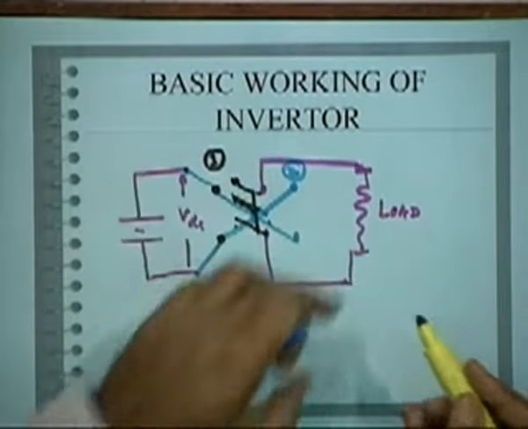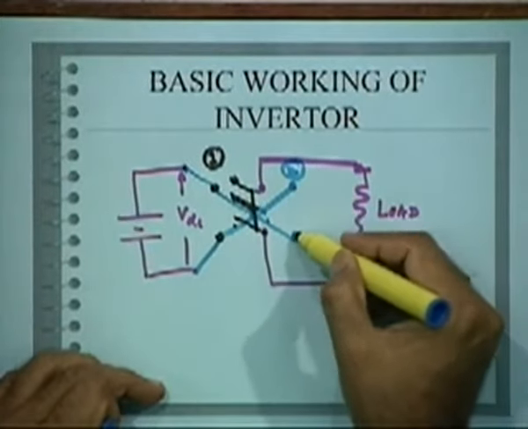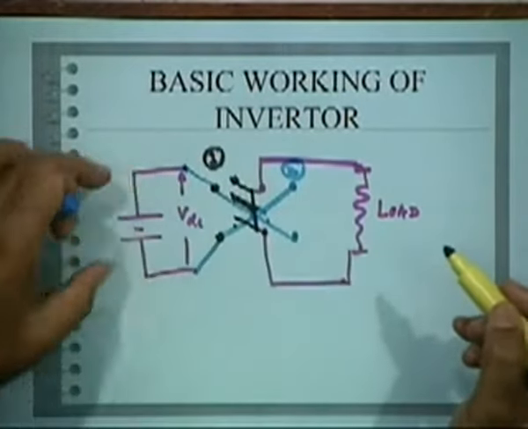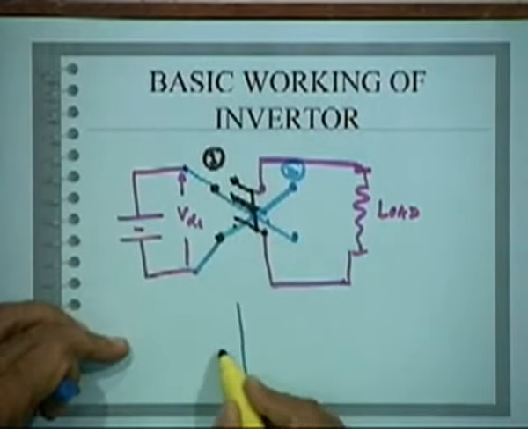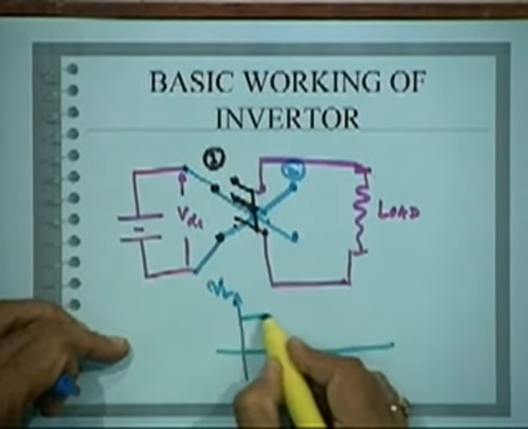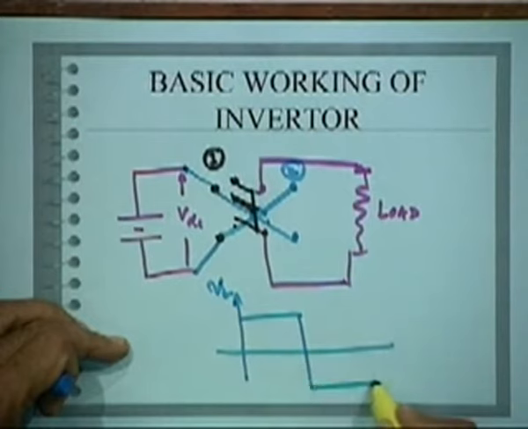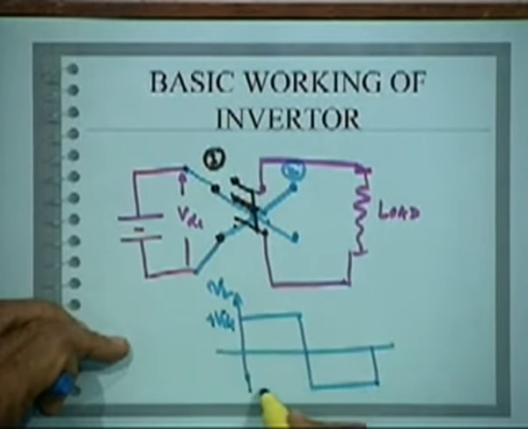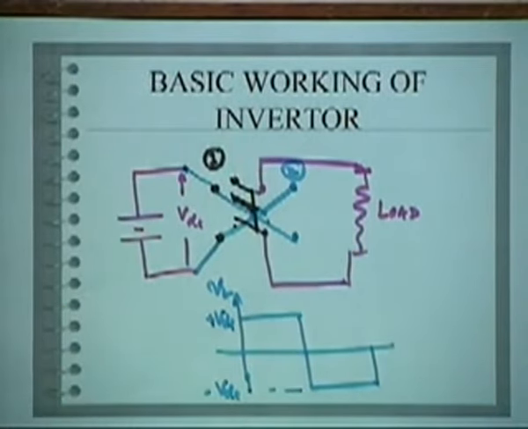If you put the switch to position 2, then minus V comes across this. So the voltage across the load will be plus VDC and then minus VDC, right? This is the basic principle of an inverter.